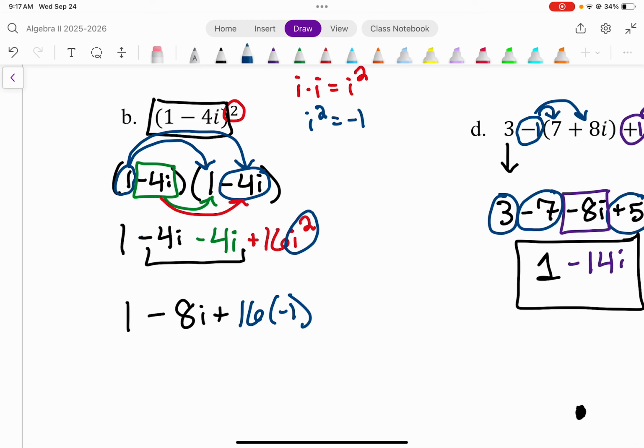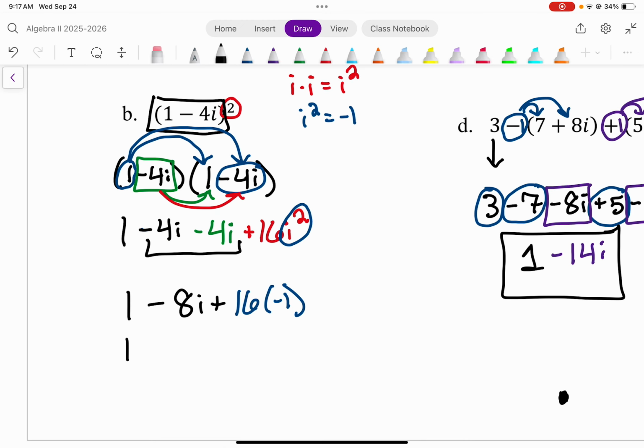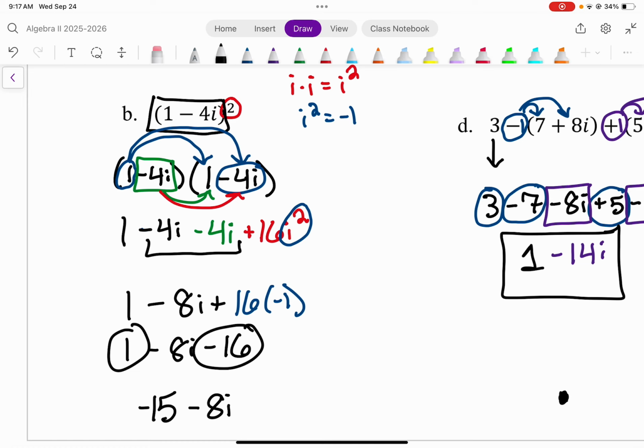And we're multiplying that by 16. So we have 1 minus 8i minus 16. Then we're able to combine our real parts here to get negative 15 minus 8i. Now that we don't have any i squareds, we only have one real part and one imaginary part. That means we are done simplifying this problem.